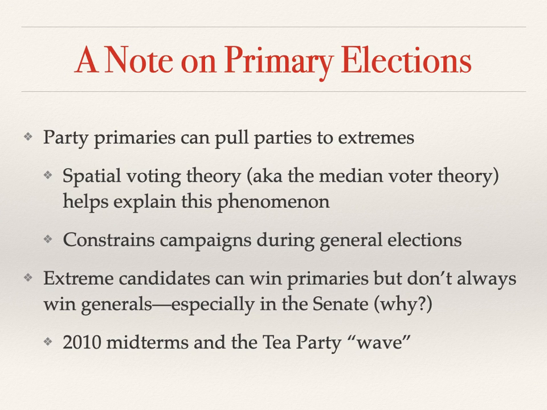But what happens if the median primary voter is actually more conservative? So that median primary voter votes for the conservative Republican candidate instead of the moderate Republican candidate. This means that when we then hit the general election and that conservative Republican candidate is up against whatever the Democrat is, if that Democrat was the more moderate Democrat, that moderate Democrat is now going to appeal to the median voter in the general election, right?